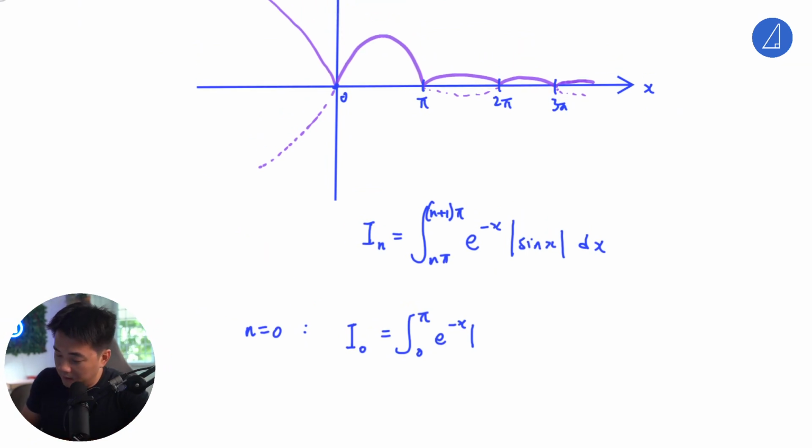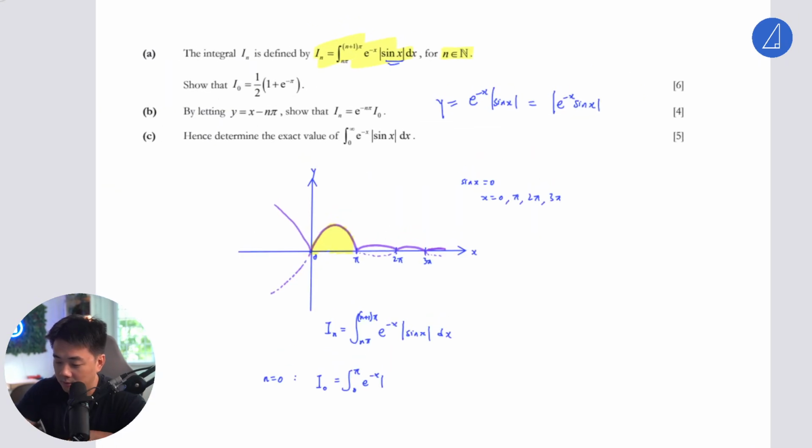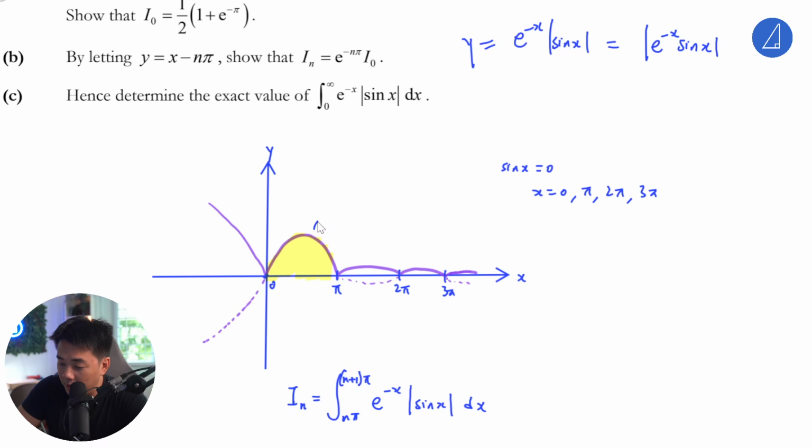For 0 to pi, we are taking the positive, it wasn't flipped up, right? Because you're taking the original equation. So this equation here is the positive one. Remember when it comes to modulus, you can have a positive function and a negative one. So this is the positive one that is not being flipped up.